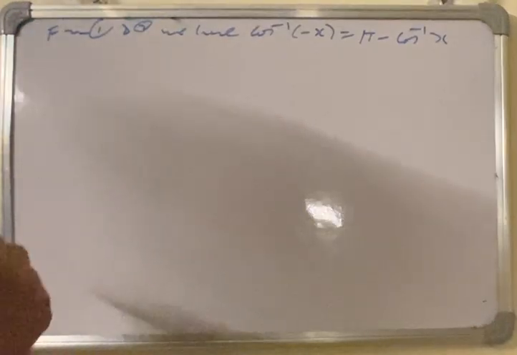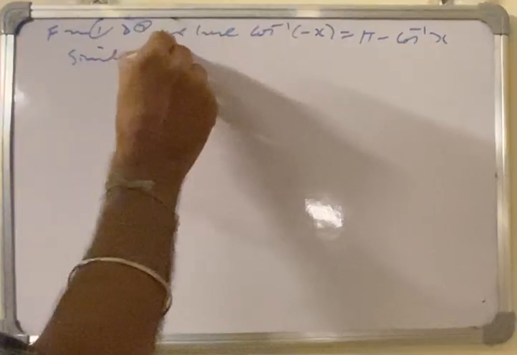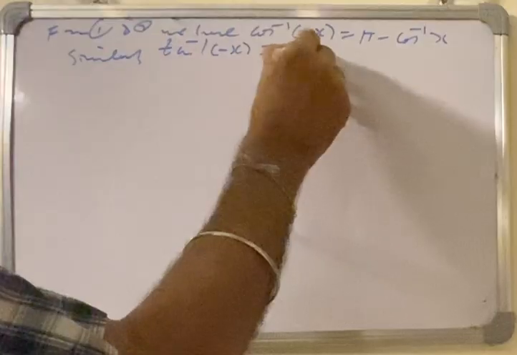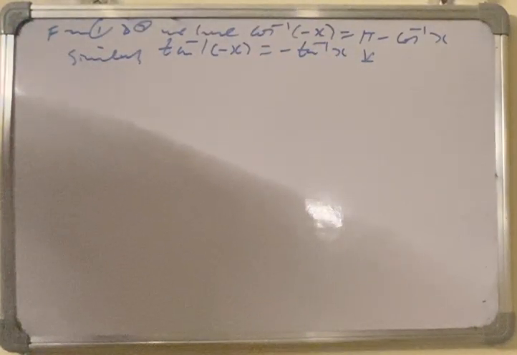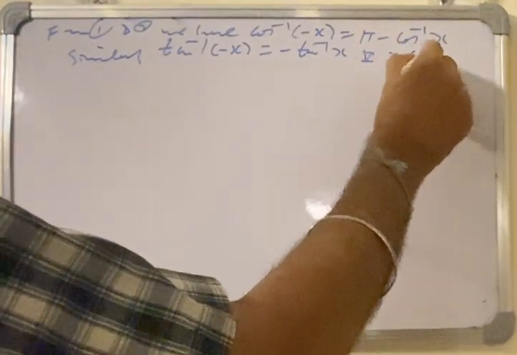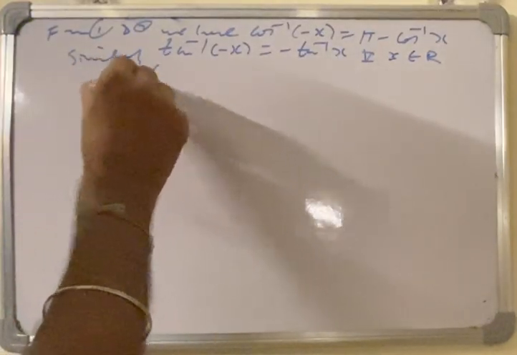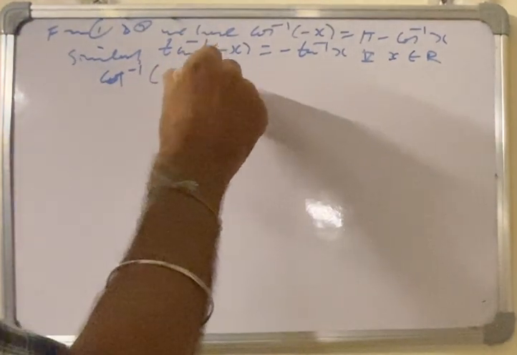Then, similarly, tan inverse minus x is minus tan inverse x for all x belonging to real numbers. Then, cot inverse minus x is equal to pi minus cot inverse x.